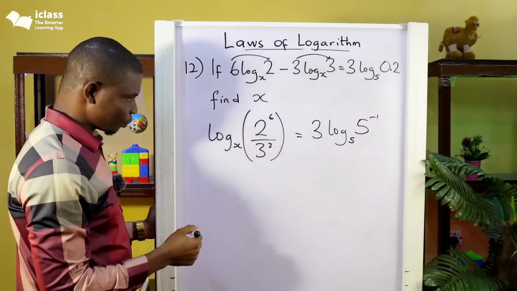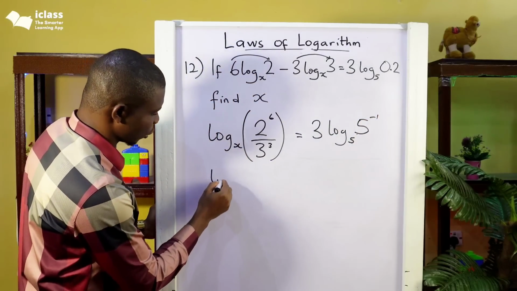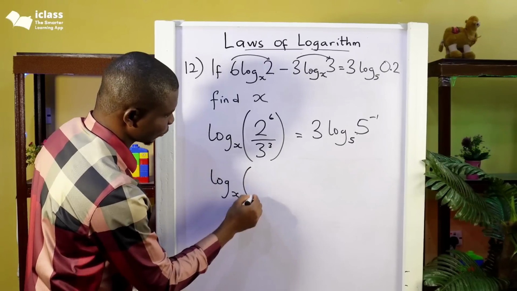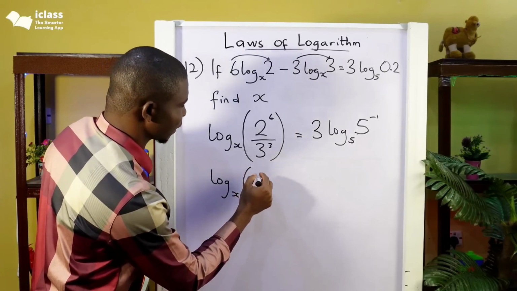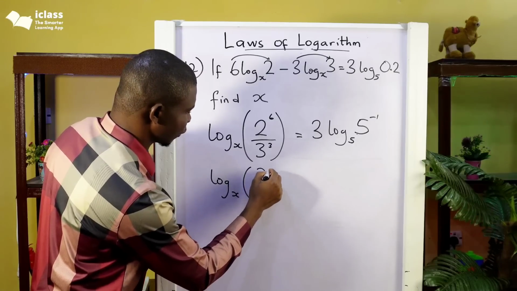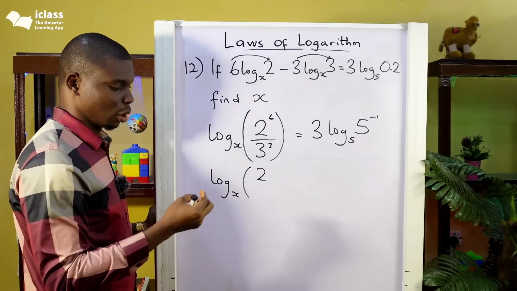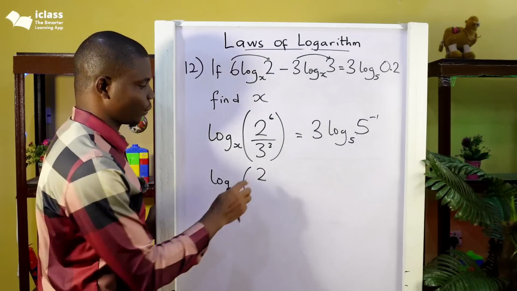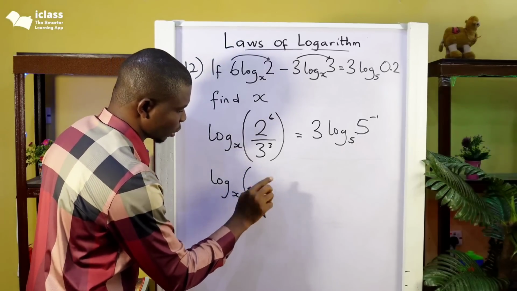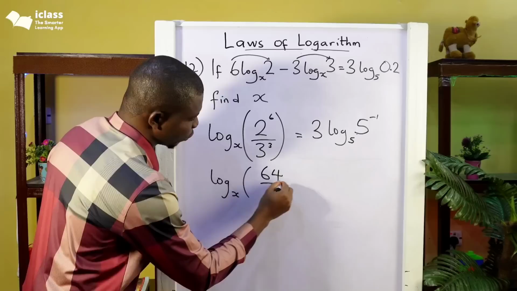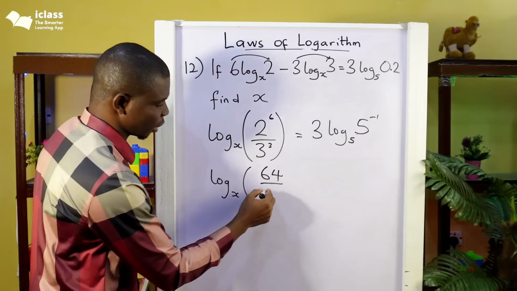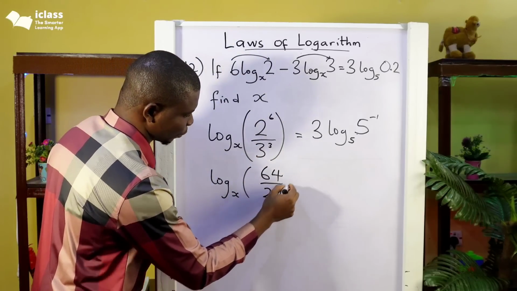All right. So we have log base x, 2 raised to power 6. 2 raised to power 6 is what? That is 64. Over 3 raised to power 3 is 27.